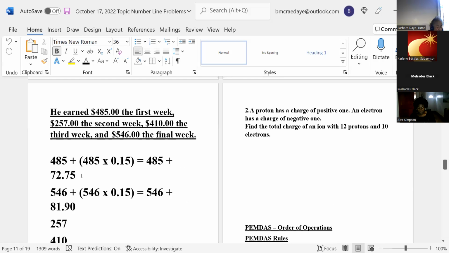546 times 0.15 is 81.9. Okay, so now when you add that, 485 plus 72.75 is 557.75.